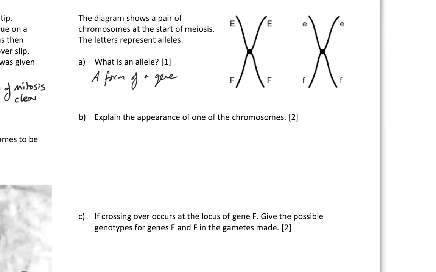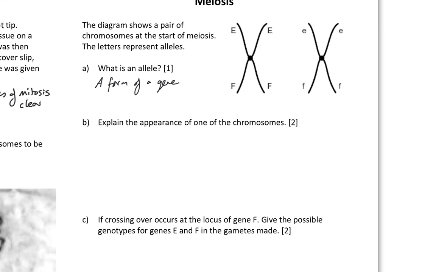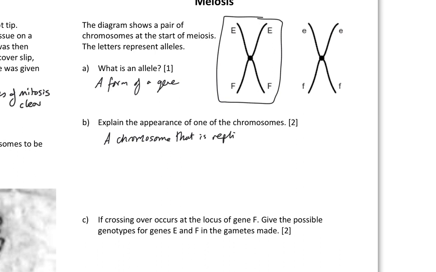Explain the appearance of one of the chromosomes. Well, this chromosome has been replicated. So it's a chromosome that's replicated. It's made of two things. So I'm going to describe this one here, but it could be the other one.